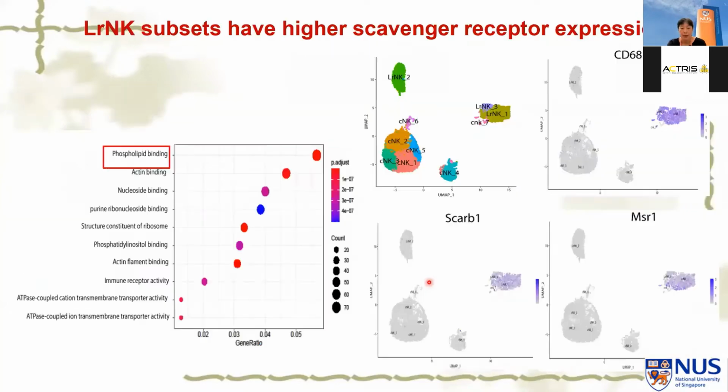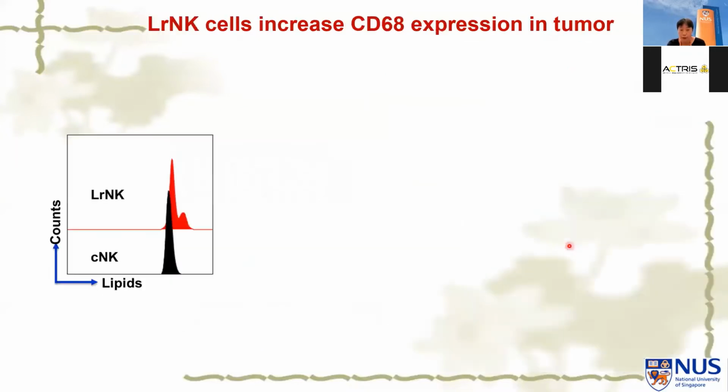Okay, so then we asked the question by looking at different pathways. What are the differences in the pathways of those clusters? So the top one is phospholipid binding. So we looked at some of the scavenger receptor expression, which is responsible for binding to lipid, and they are highly expressed in clusters 1 to 3, but low in cluster 2.